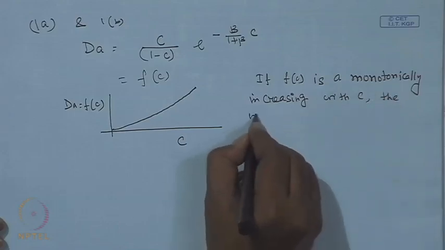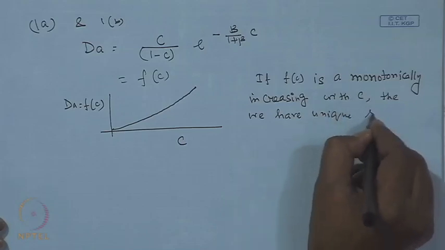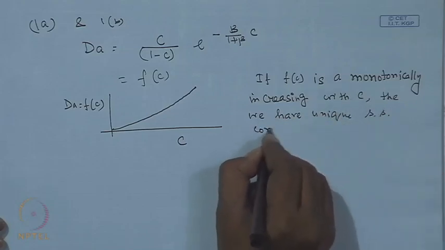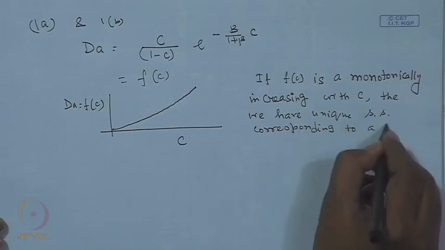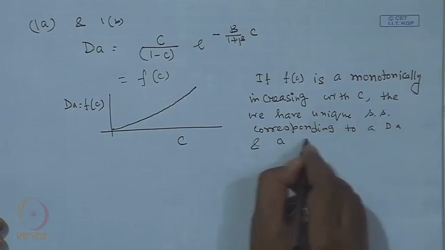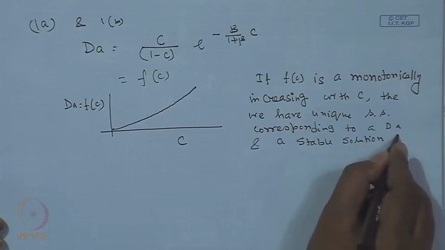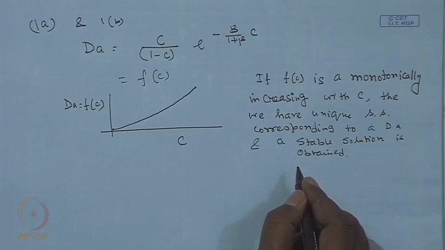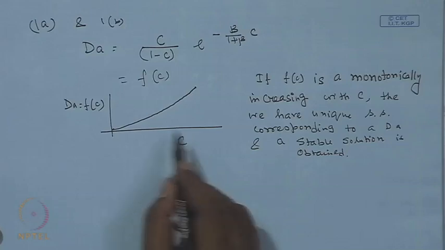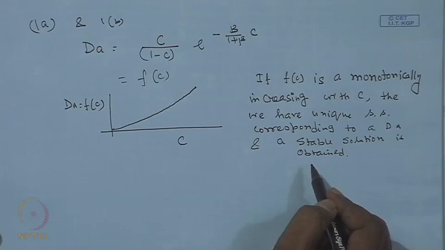Then we have a unique steady state corresponding to a Damkohler number, and a stable solution is obtained. This we have proved earlier during the discussion of contraction mapping: if f of C is a monotonically increasing function of concentration, then for that particular Damkohler number we will be getting the stable steady state.